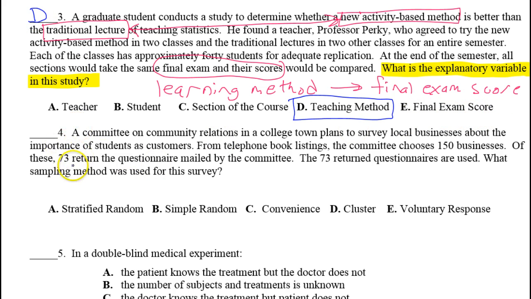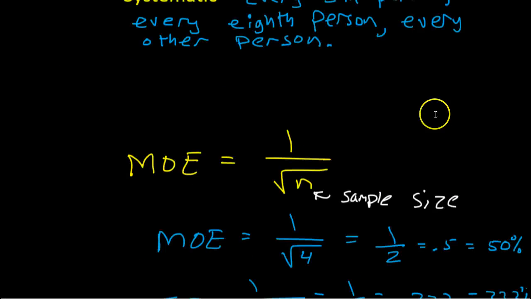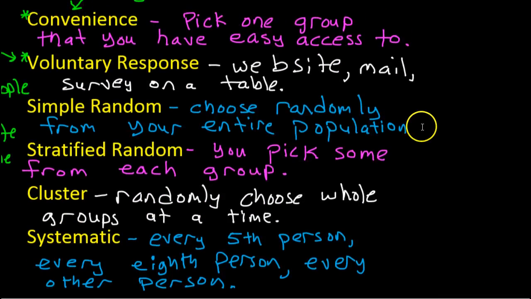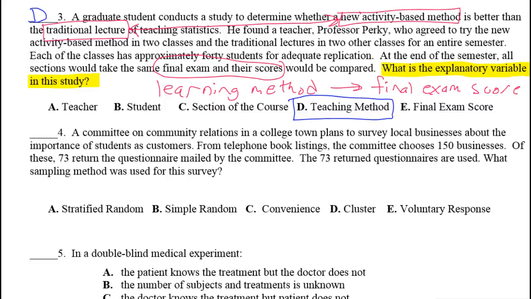All right, number 4. Okay, so they're asking us which sampling method this is. So just keep in mind our sampling methods I spoke about a minute ago, and sort of what they each mean.